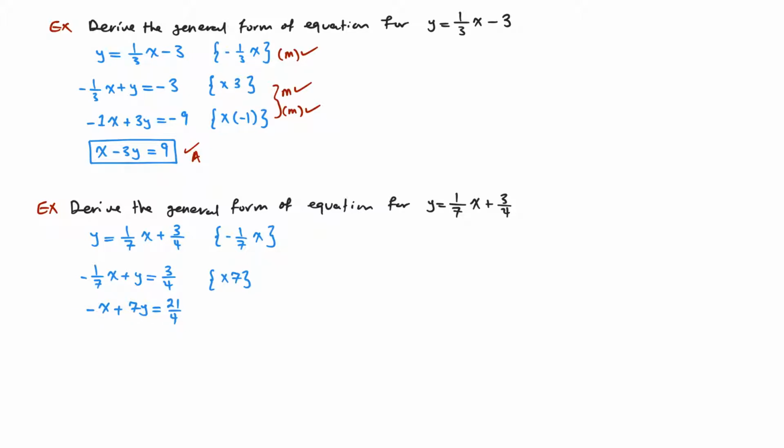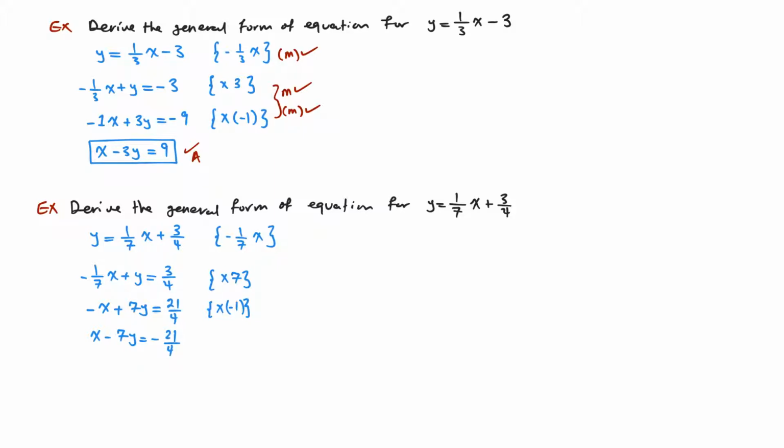I want to make it into a positive, so I will multiply by negative 1. So I get x minus 7y is equal to negative 21 over 4. And that means that I applied the negative 1 to here, made it a positive. Negative times positive is negative.